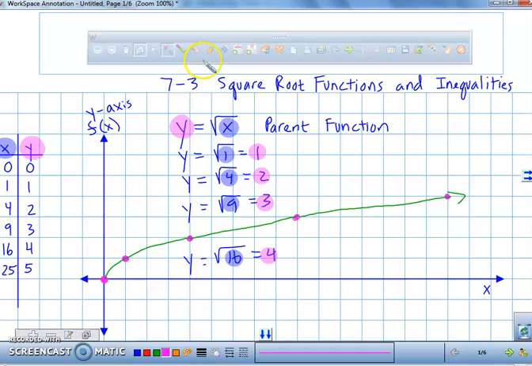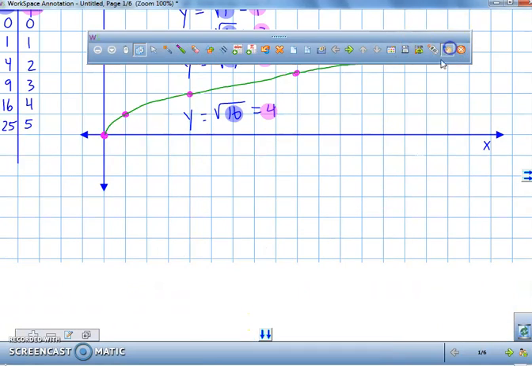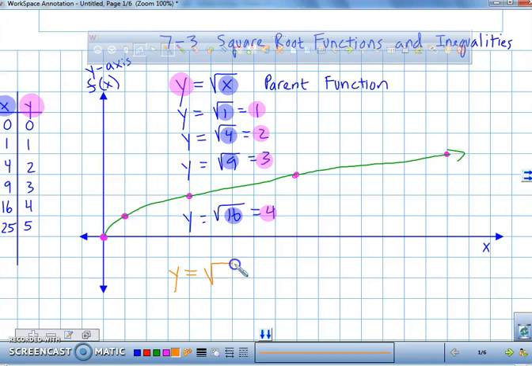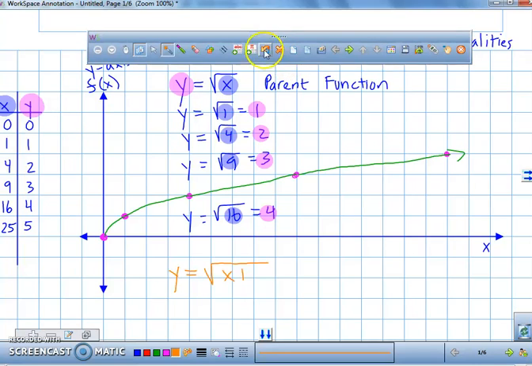What I'm going to do right now, in orange, is make my own graph for you. I'm going to write y equals the square root of x minus 7 plus 3.